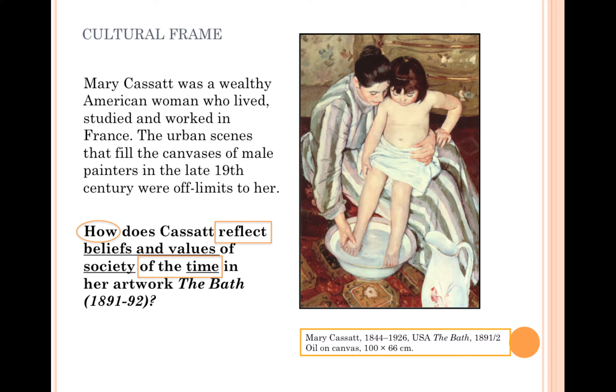So you need to look at this particular artwork and you need to think about how the way this young child is bathed, the room this child is bathed, and the relationship this child has with its mother, how that reflects the time that it was made, which is, and it's given to you in that question, the late 1800s.